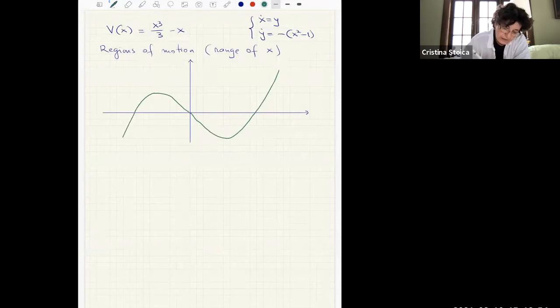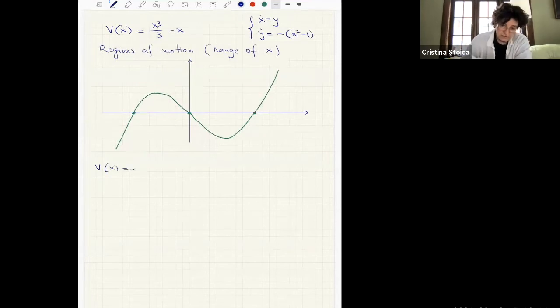And actually these are the roots. So what are these points? I'm going to do them in green as well. So we do v of x equals 0, but I will need the space. So under it, we're going to plot the phase space. I'm going to make room for it.